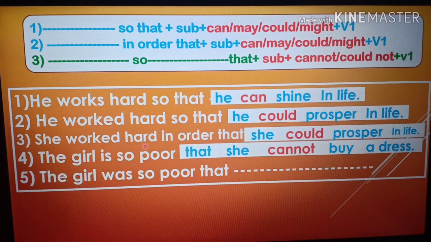And then last one, the girl was so poor that. This is just like the fourth one, but the tense is different. The girl was so poor that. This is in past indefinite.